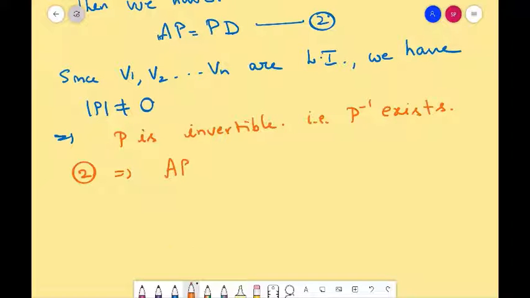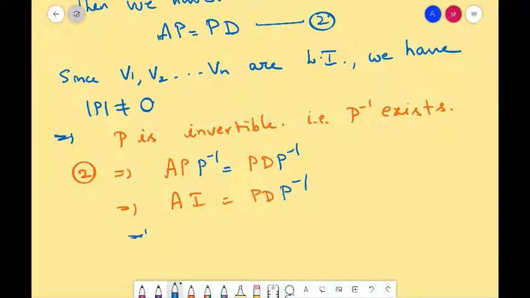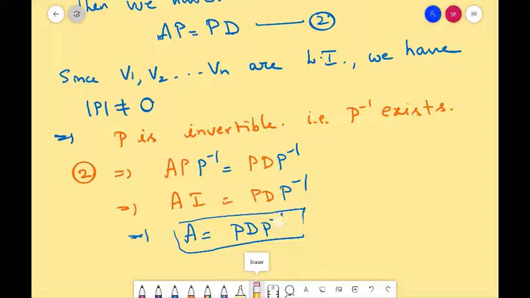AP into P inverse is equal to PD into P inverse. Which implies A into I is equal to PD P inverse. That implies A is equal to PD P inverse.